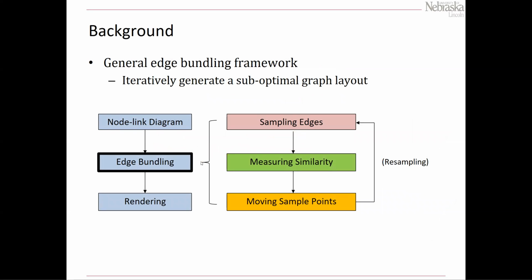During the edge bundling process, there are typically three steps. The first step is to generate sample points of the edges, and then we measure the similarity among the samples. Then we move the sample points to new positions. Typically this is an iterative process. We need to go through multiple steps to generate a suboptimal graph layout.